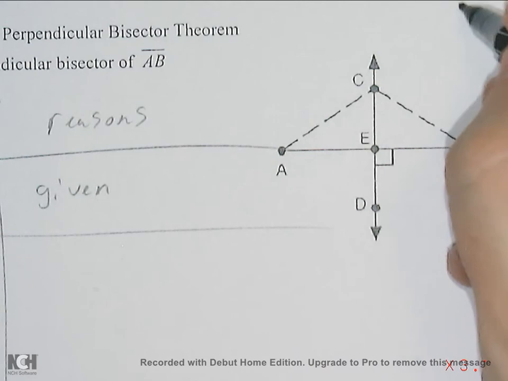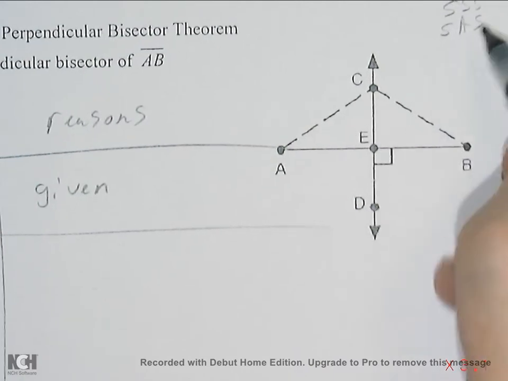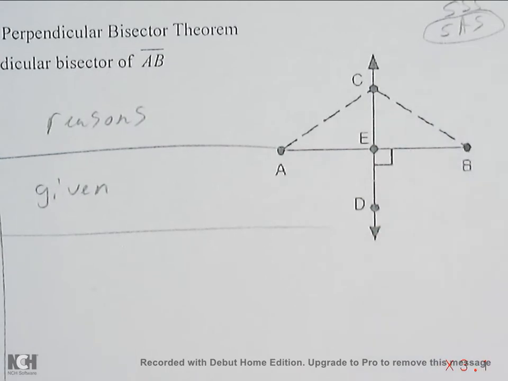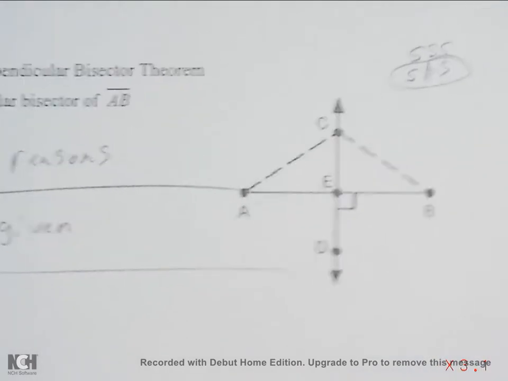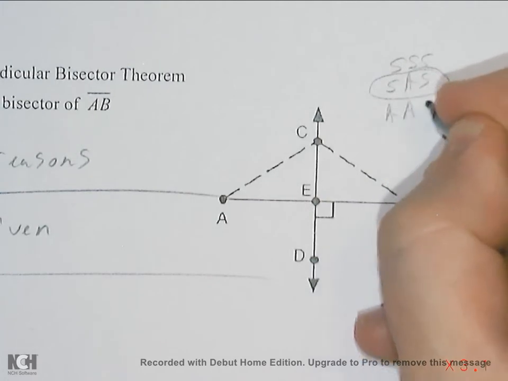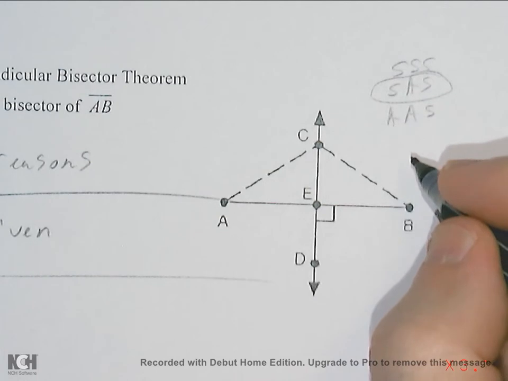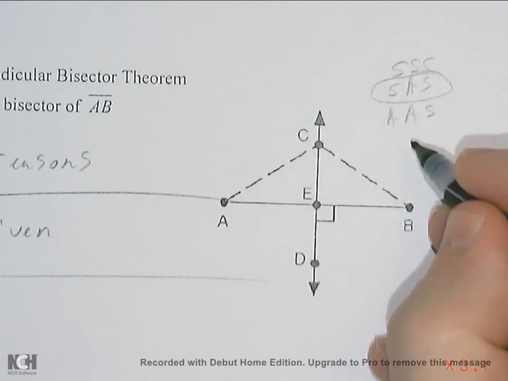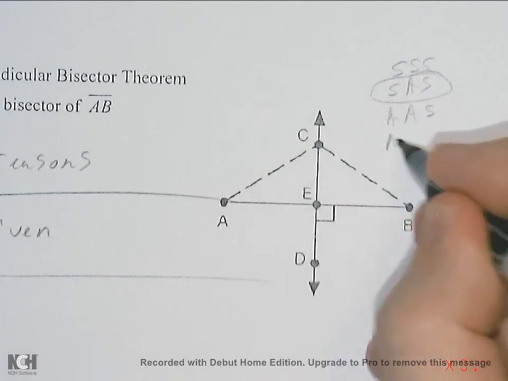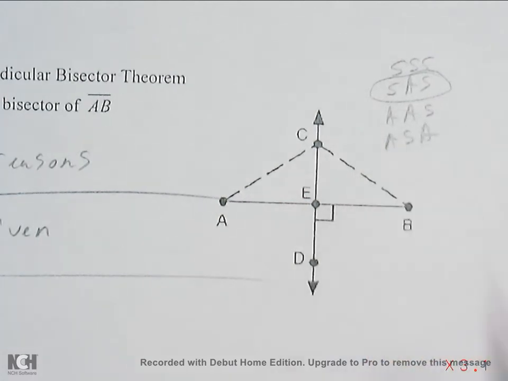There's side, side, side, side, angle, side, and I think that's what I'm going to try to prove, because that looks like the easiest thing to prove here. But there's also angle, angle, side, and what is a side, angle, side, angle. Okay, those are the 4 theorems. But let's try and prove side, angle, side.